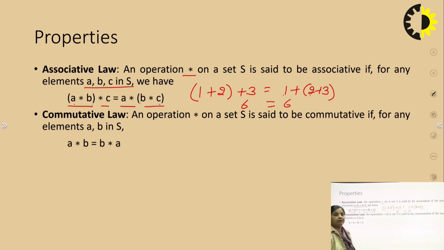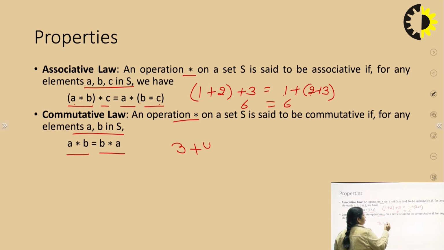Second is commutative law. An operation star on a set S is said to be commutative if for any elements a, b in S we have a star b is equal to b star a. It means left and right operands may be interchanged. So if I take two values and I do 3 plus 4 or 4 plus 3, I'll get the same answer.